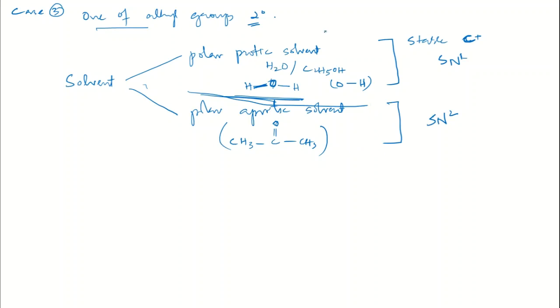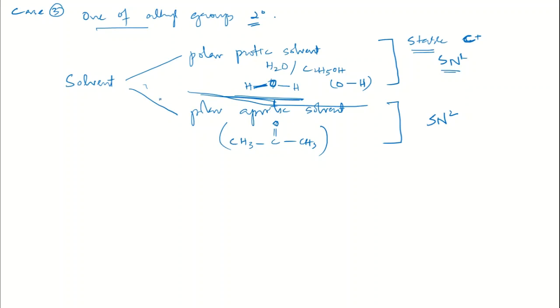So if we have a 2 degree alkyl group attached to the ether, then the solvent will decide the type of mechanism that is followed. If the solvent is a polar protic solvent, in which hydrogen is directly attached to oxygen or any other electronegative atom, then such reactions will follow the Sn1 mechanism, and there will be formation of a carbocation.